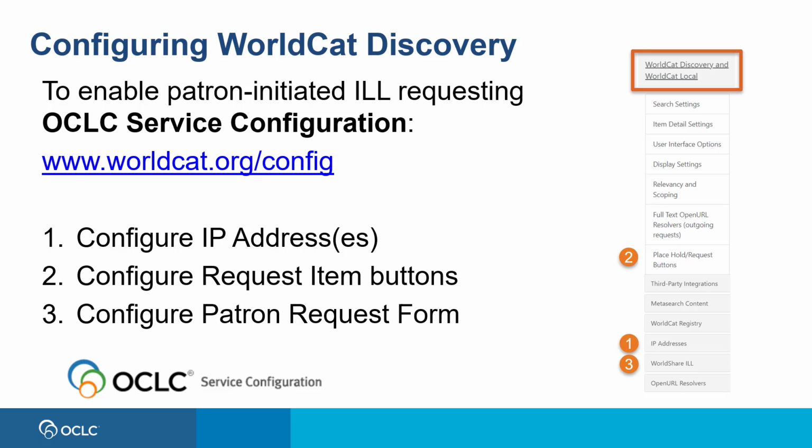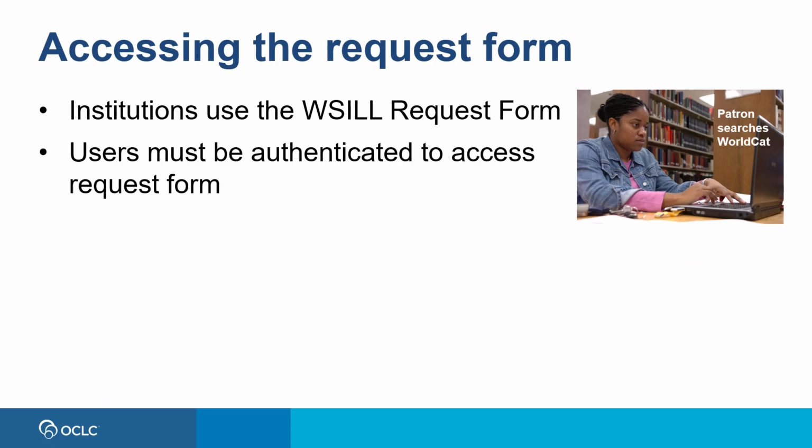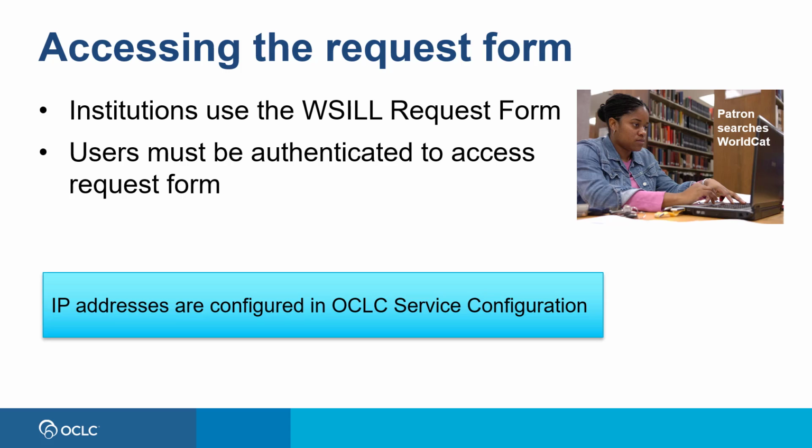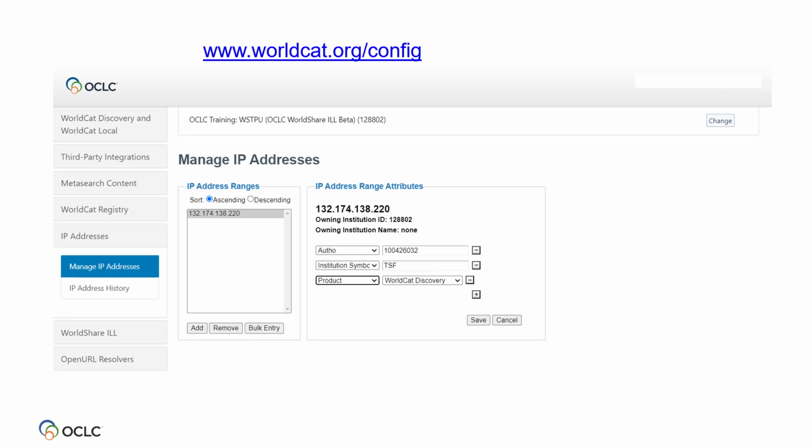Let's talk about patron ILL access for WorldCat Discovery first. In WorldCat Discovery, the patron must be authenticated either via IP range or through remote authentication and thus is still within IP range to access the patron request form. IP addresses are configured in OCLC service configuration. After logging in to OCLC service configuration, you can manage your IP addresses for WorldCat Discovery.